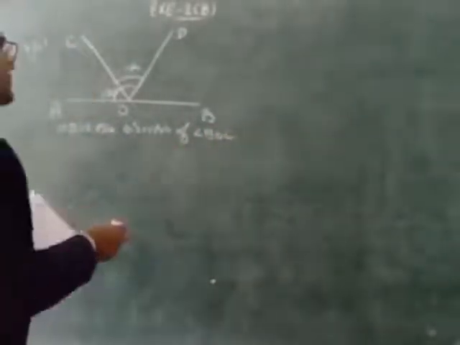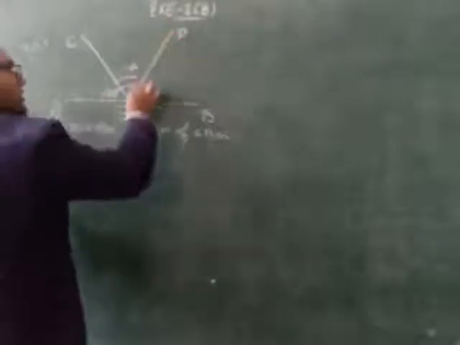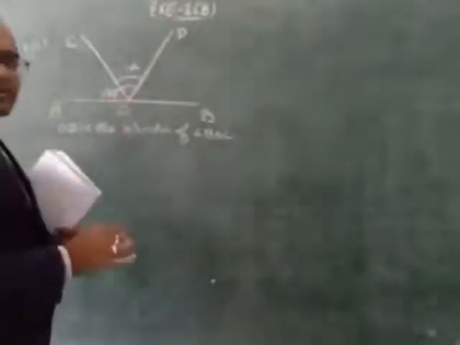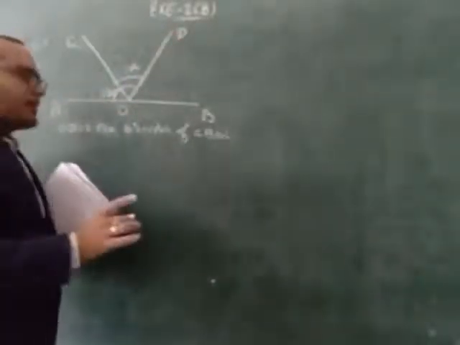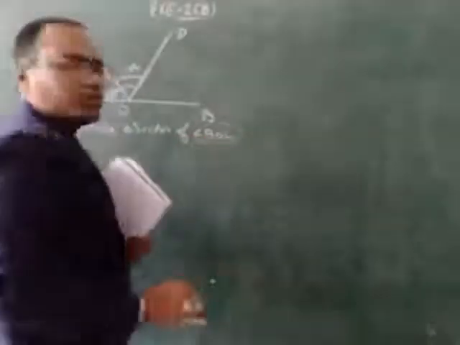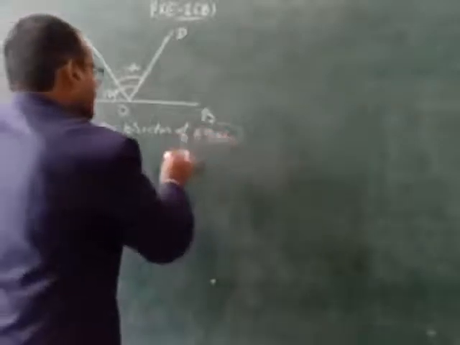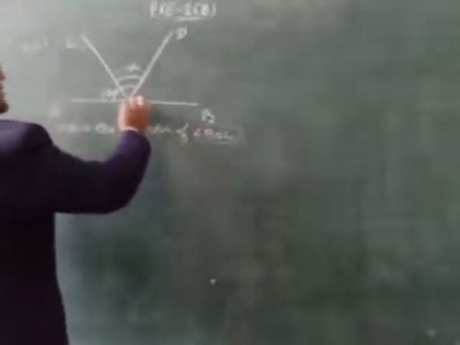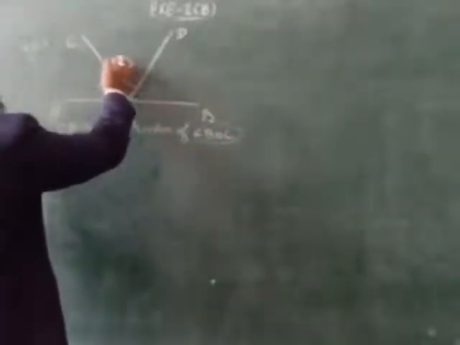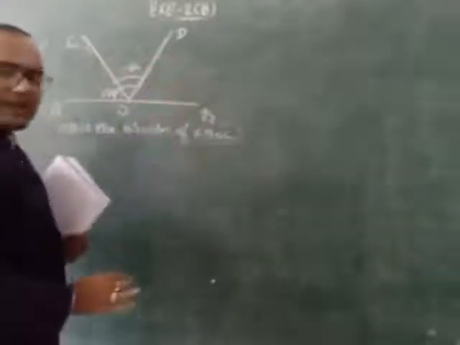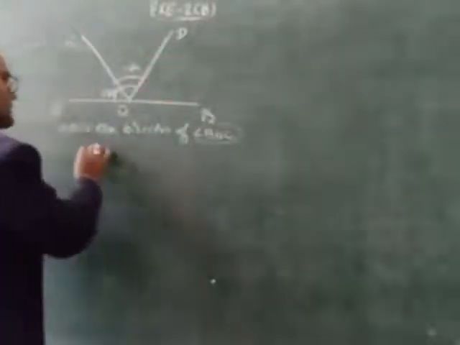So this OD is the bisector. Bisector means it will divide angle BOC into two equal parts. OD is the bisector of BOC. BOC angle is this. So this full angle will get divided into two equal parts.